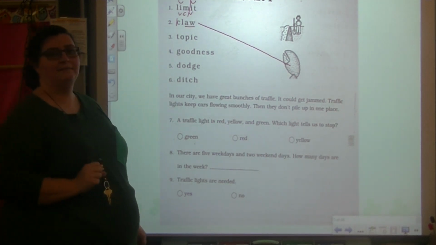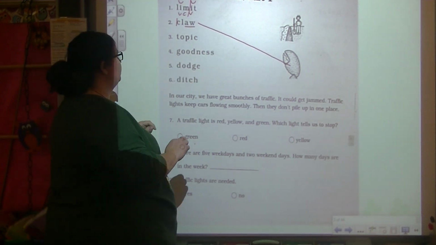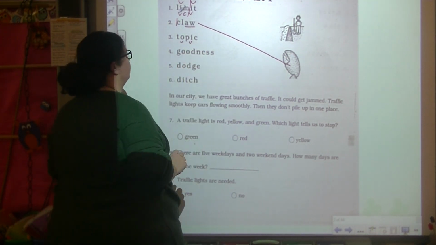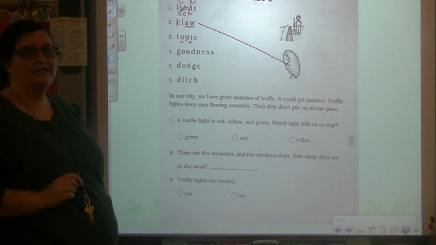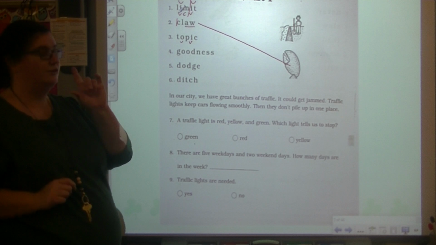Number 3. We have 2 vowels. Put your vowels underneath. In between there's 1 consonant.